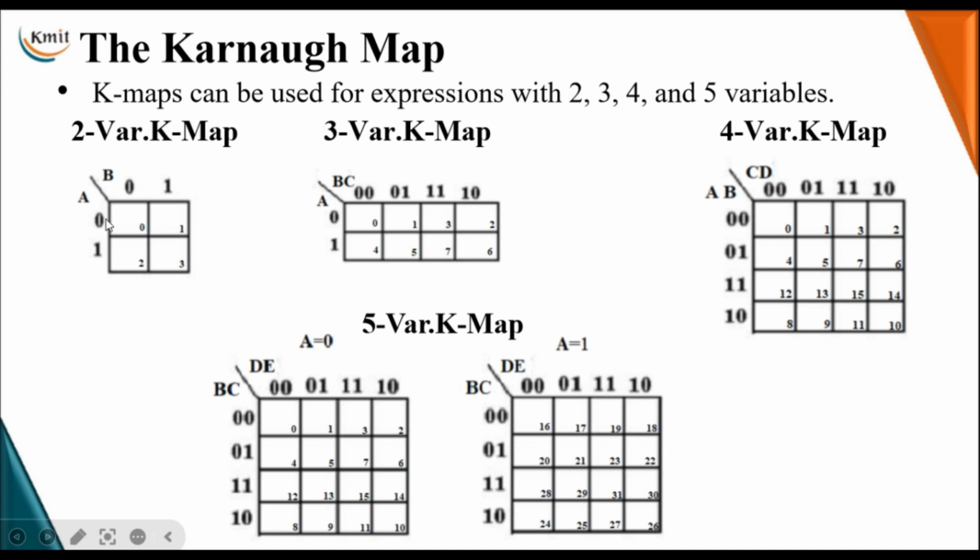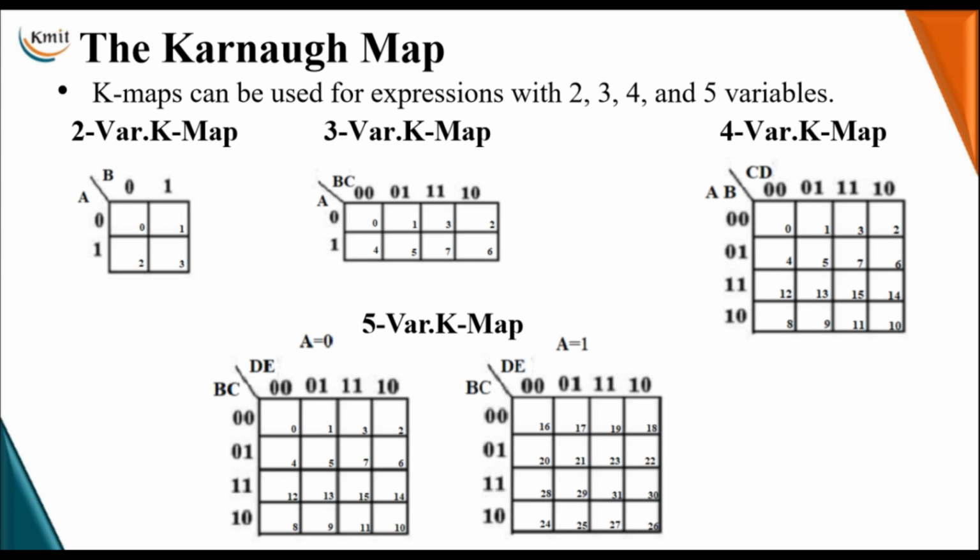Next, let me map your function. A function is mapped using the K-map method by placing the corresponding functional values. Your functional values in binary might be a 0 or a 1.